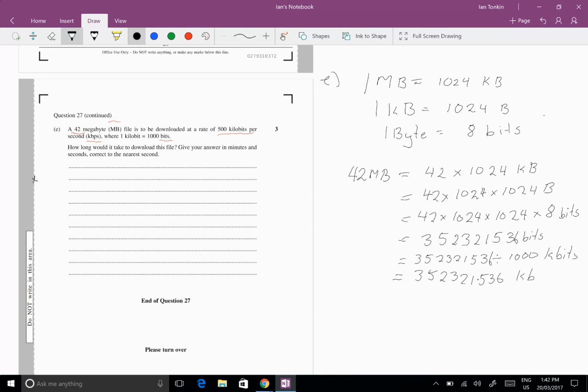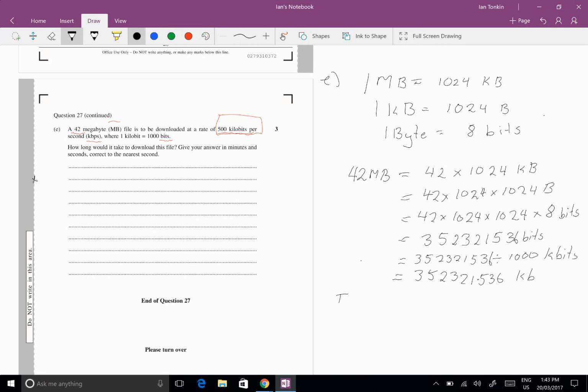So we've got it in kilobits, and this thing downloads at 500 kilobits per second. So to find out the number of seconds, I just take this number.